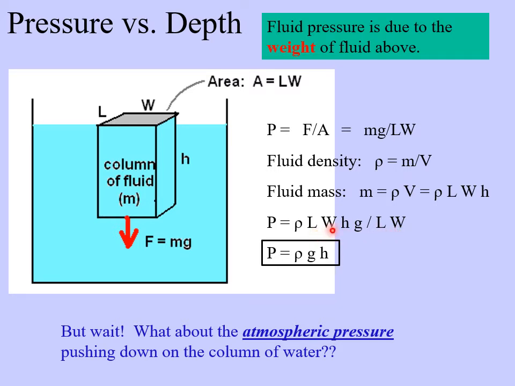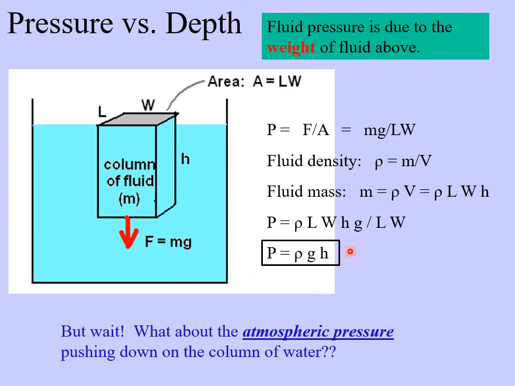There's an LW on top and an LW on the bottom, so we can cancel those. We're left with pressure equal to rho, the fluid density, times g, the acceleration due to gravity, times h, which is the depth in the fluid where we're doing our pressure measurement. So you can see as h gets bigger, the pressure gets bigger.